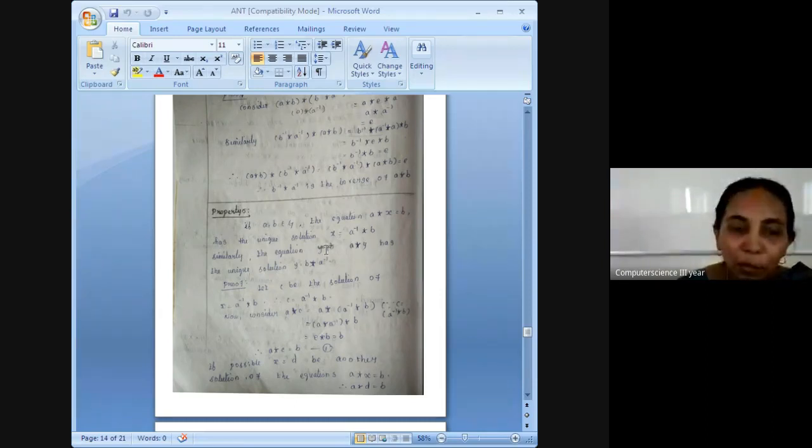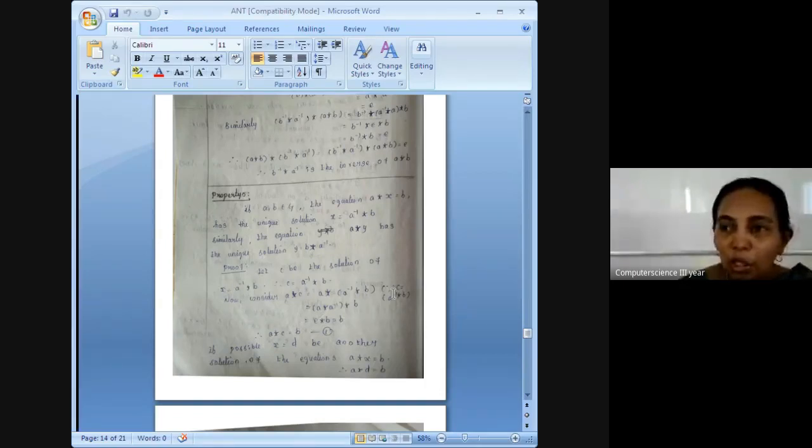So we are now proving that this solution is the unique solution. Unique means there is only one solution for this particular equation, A star X is equal to B. How have we proved it? Here also we take, suppose there are two solutions of the equation. Then we prove the two solutions are equal.